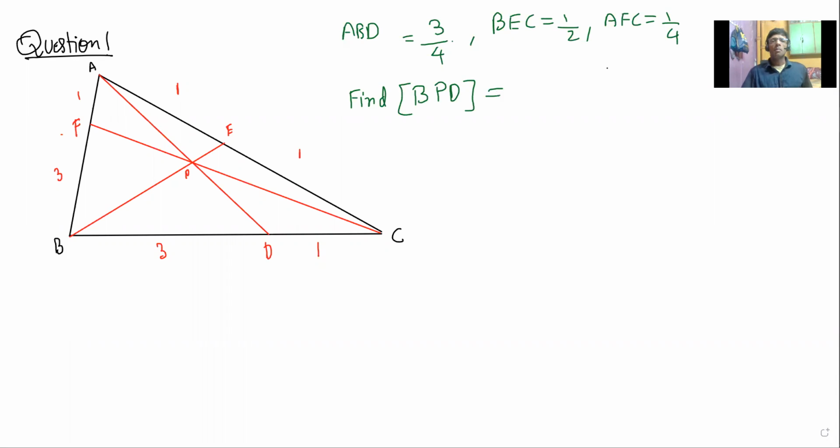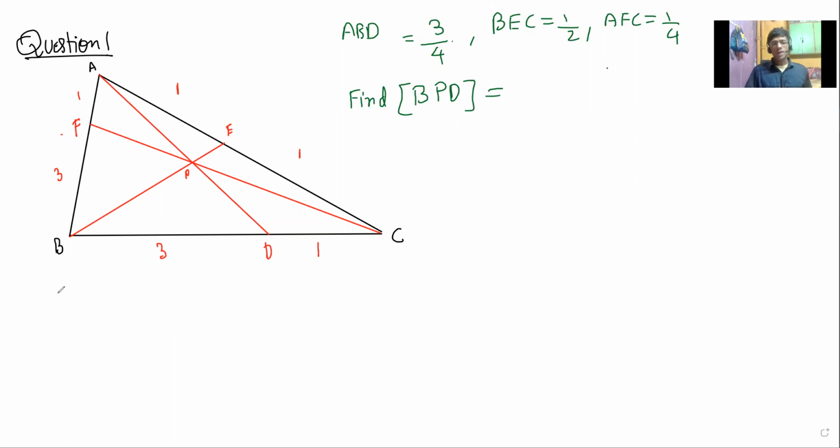So let's think about, by the way, are both of you comfortable with Ceva's theorem? Yeah. Okay. Pragadish, are you okay with the theorem? If 3 lines are concurrent, then the product of the ratios is 1. Okay. So just say the theorem once again.